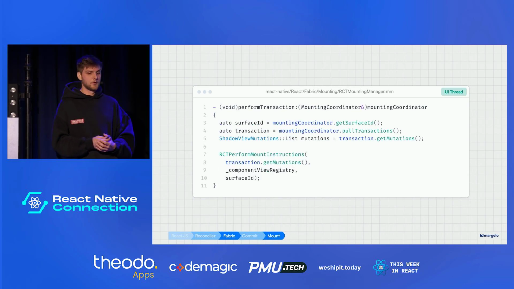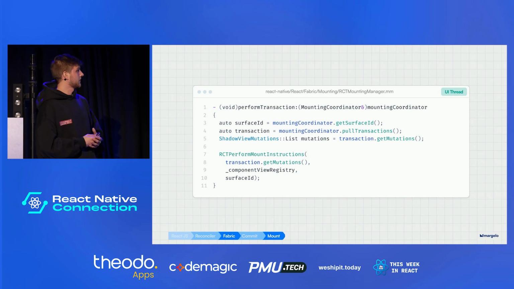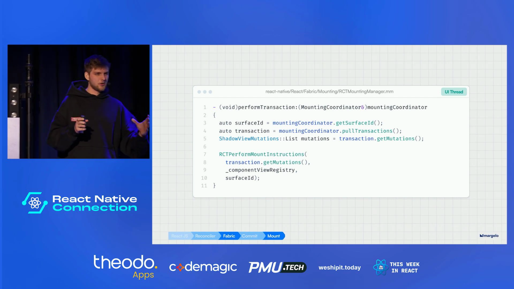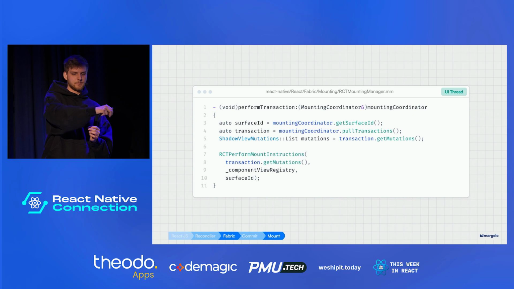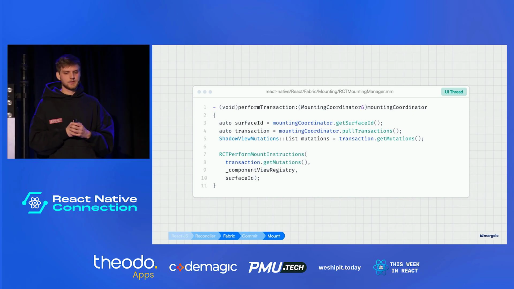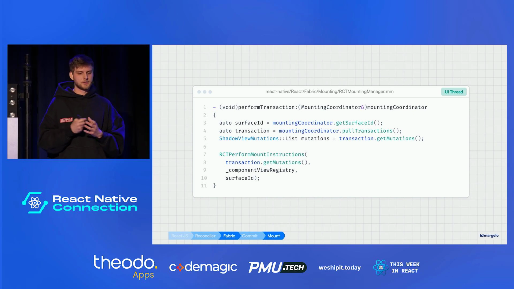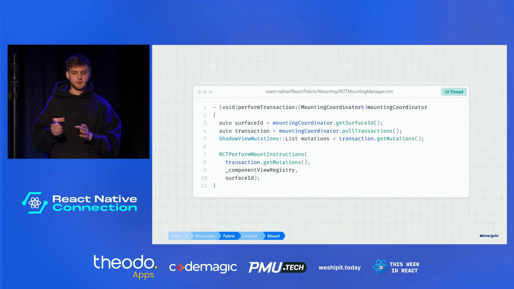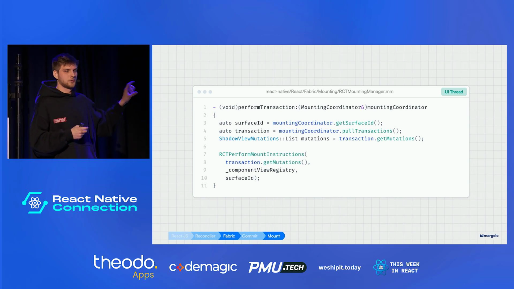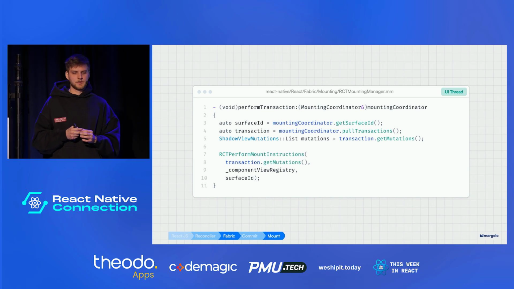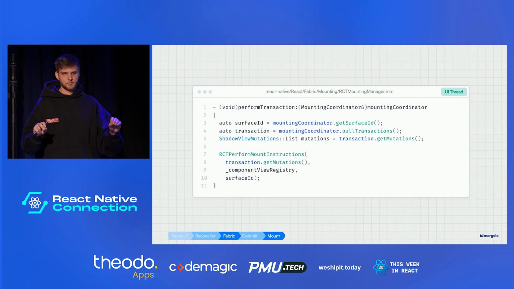Now, looking at what we're doing in perform transaction, we're using this mounting coordinator, to which we were setting the revision, and called pull transactions. And this will give us a transaction from which we can get mutations. And these two lines of code look maybe harmless, but internally there's a lot happening. Because in the mounting coordinator, we have the currently mounted revision and the new revision we want to mount.